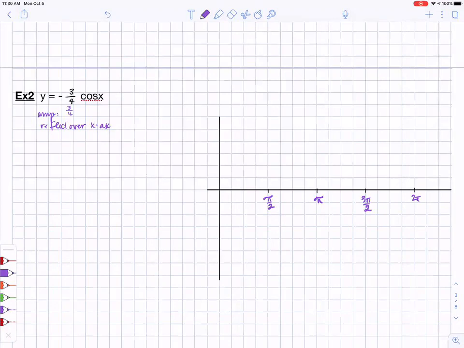Where does the cosine parent begin? Let's be generic. Don't say 1, be generic. It's at a maximum. Where is this guy going to begin? Be general. Where is it going to begin?